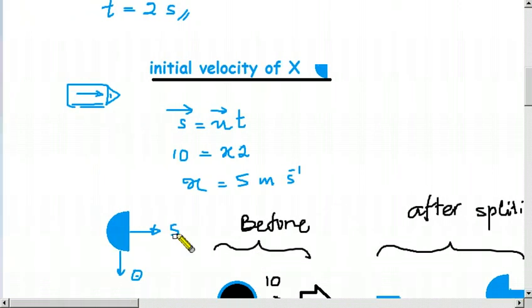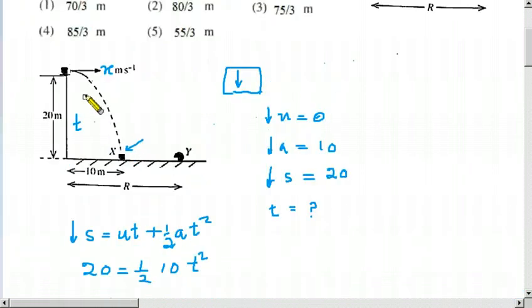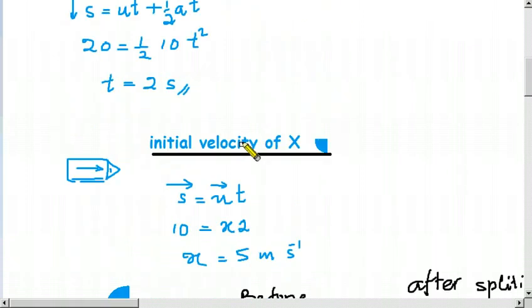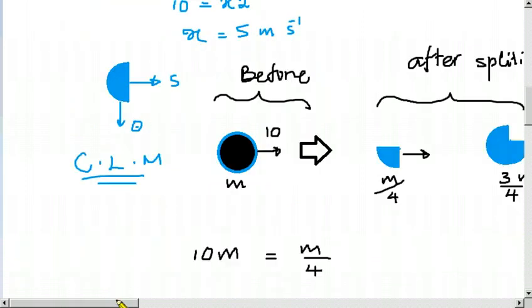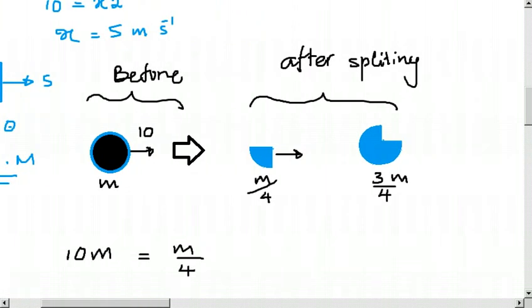That is what all the way we found, taking as x initially. Right, now the velocity is 5. Velocity of this one we don't know, say y.